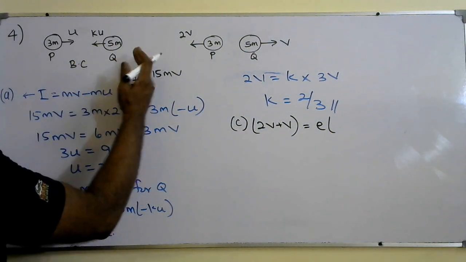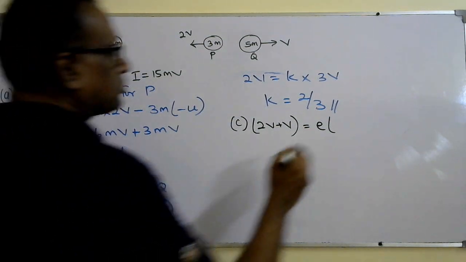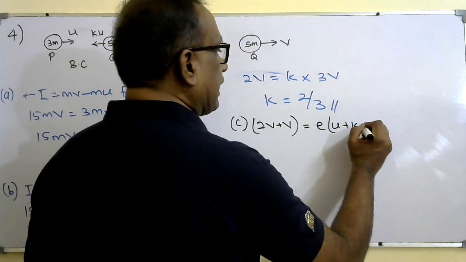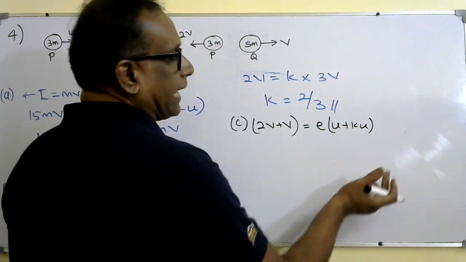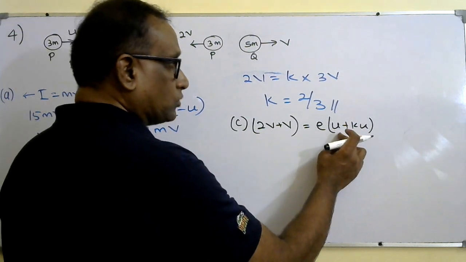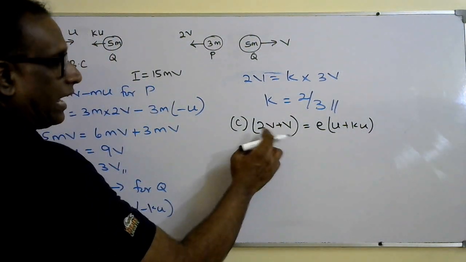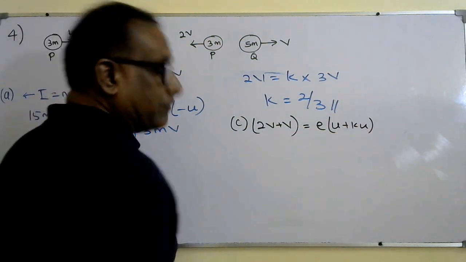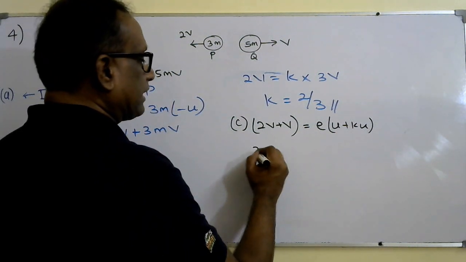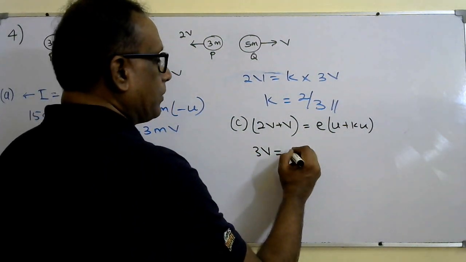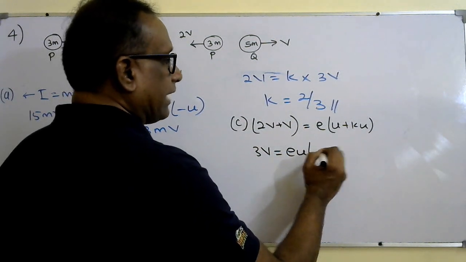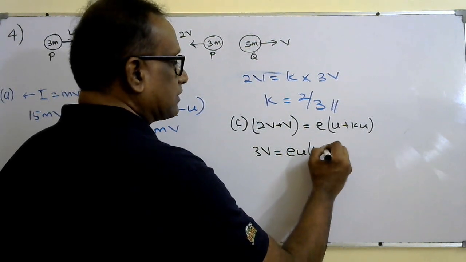Here also they are approaching, moving in opposite directions, so u plus ku. You can substitute the value of u in terms of v, and the value of k, and you will get the answer. So it's going to be 3v is equal to e times u into k plus 1.